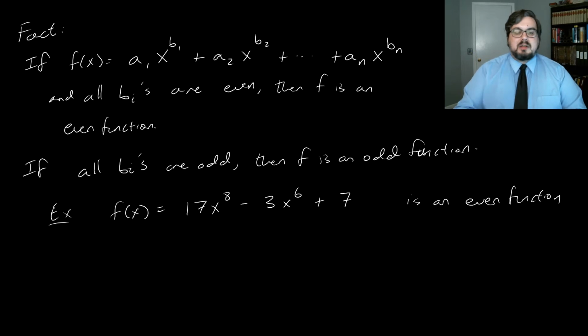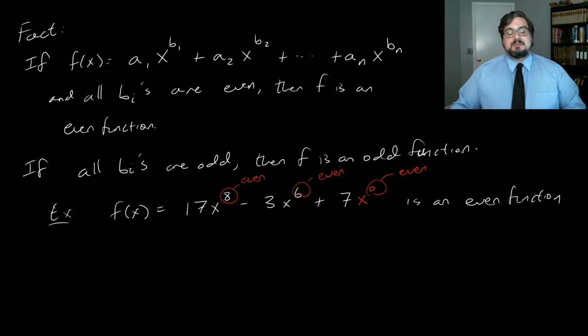Because the powers on the x's in this expression are 8, which is even, and 6, which is even, and the constant terms are actually seen as being multiplied by an invisible x to the 0th, because x to the 0th is 1, which is even. So constant terms are also considered to have even degree. So that means that this function is an even function.